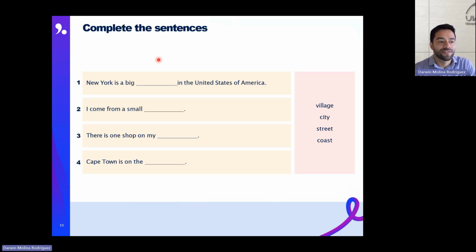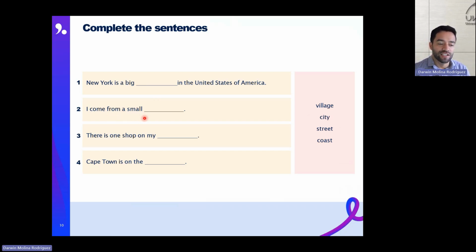Complete the sentences. New York is a big blank in the United States of America. New York is a big village, it's a big city, it's a big street, or a big coast. What do you think? New York is a big city in the United States.